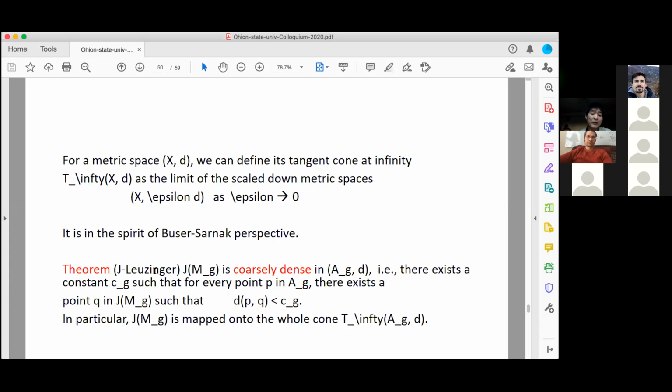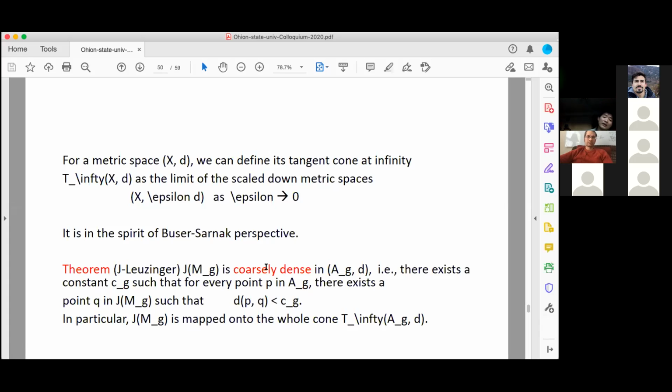So in joint work, we proved that the image is coarsely dense in A_g. So this means there exists a constant C_g such that for every point in A_g, there exists a point in the image such that the distance is less than this fixed constant. So in particular, the image is mapped onto the whole cone.